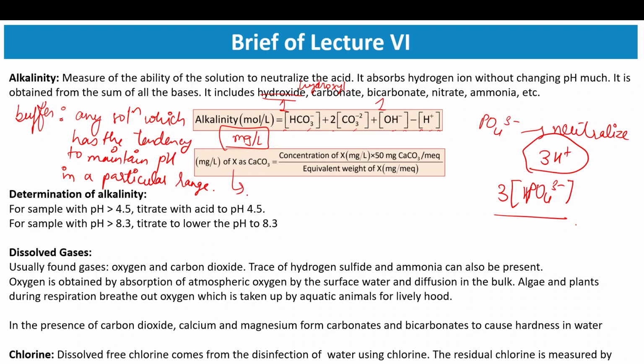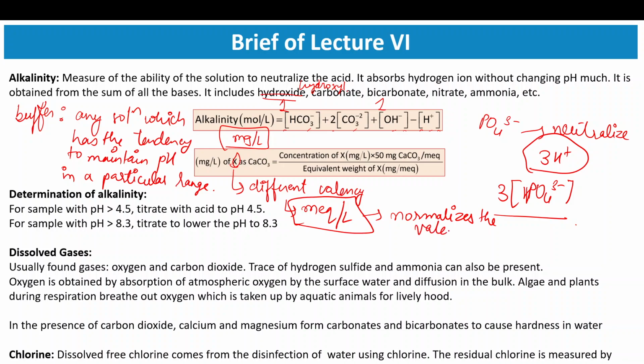But here, if we are talking about X, then it might have different valency. So in that case, we need to have individual ones. Otherwise, if we want total alkalinity to be represented, then it has to be in milli equivalent per liter, because it normalizes the valency, right? So valency does not come into the picture.